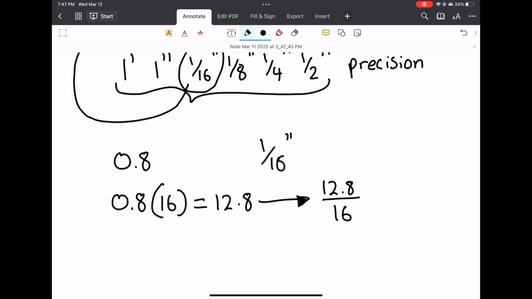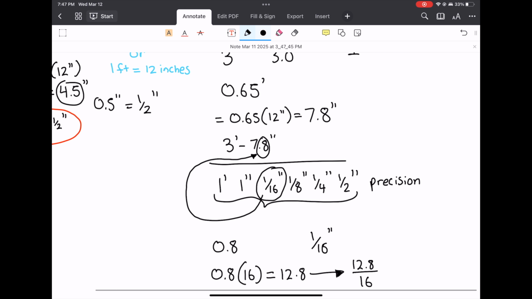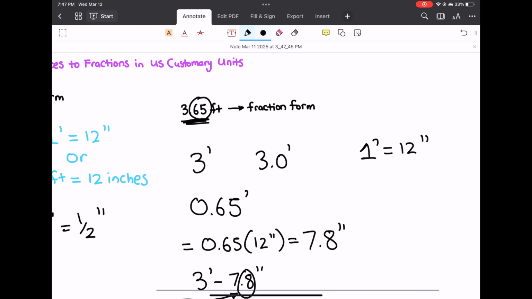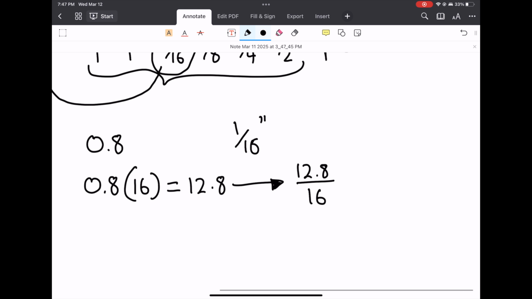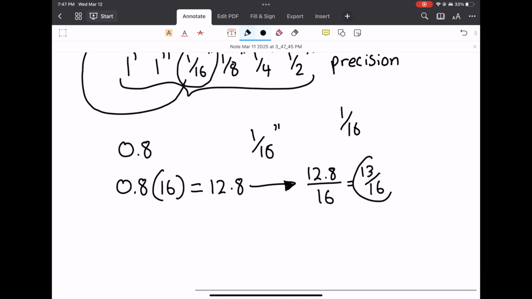This is a fraction, but it still has a decimal in it. The reason is that 12.8 isn't a number you can find on a measuring tape; it's not going to match up with the numbers on it. So we can round the number. We know a measuring tape is precise to 1/16, so we round it up to 13 over 16, which you can find on a measuring tape.